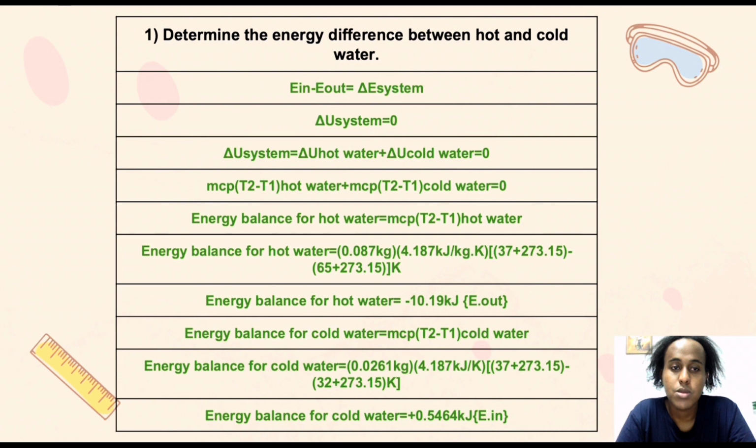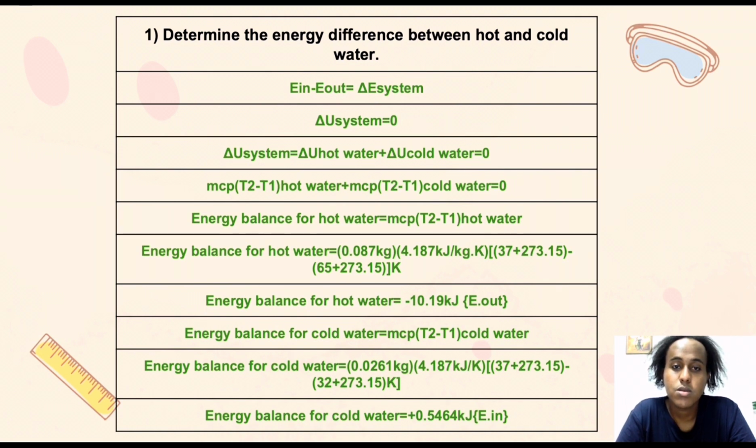So the energy balance for hot water is equal to 0.087 kg times 4.187 kJ/kg·K times (37 + 273.15 minus (65 + 273.15)).